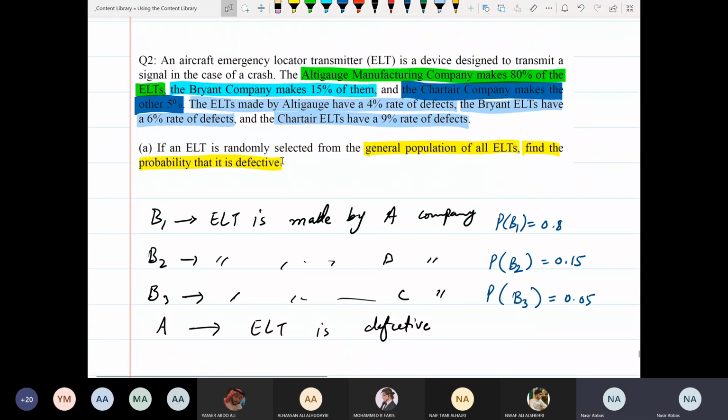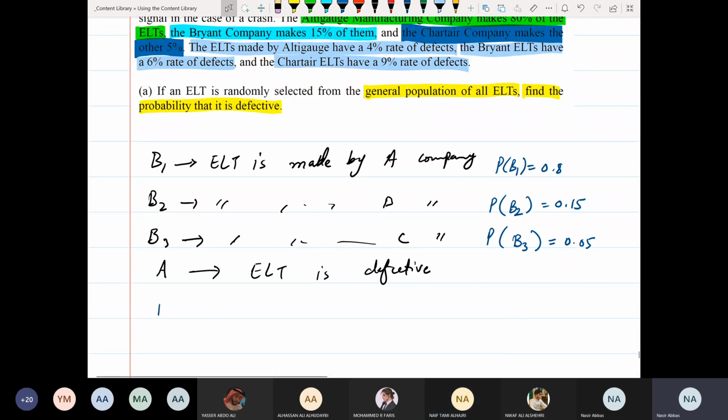The ELTs made by A company have 4% defect rate. What is this 4%? Probability of B1 and A. Is it right? No, doctor. This is not right. Ali, what is the right thing? What is 0.04?